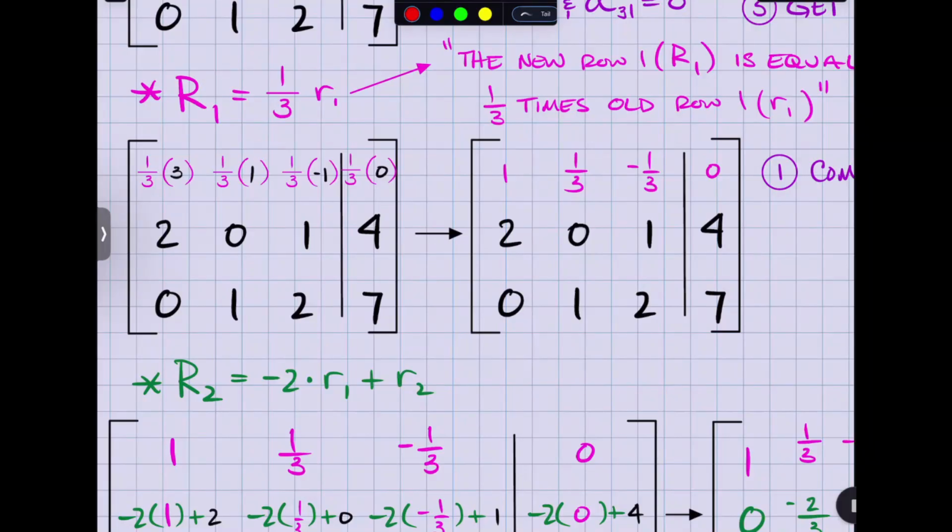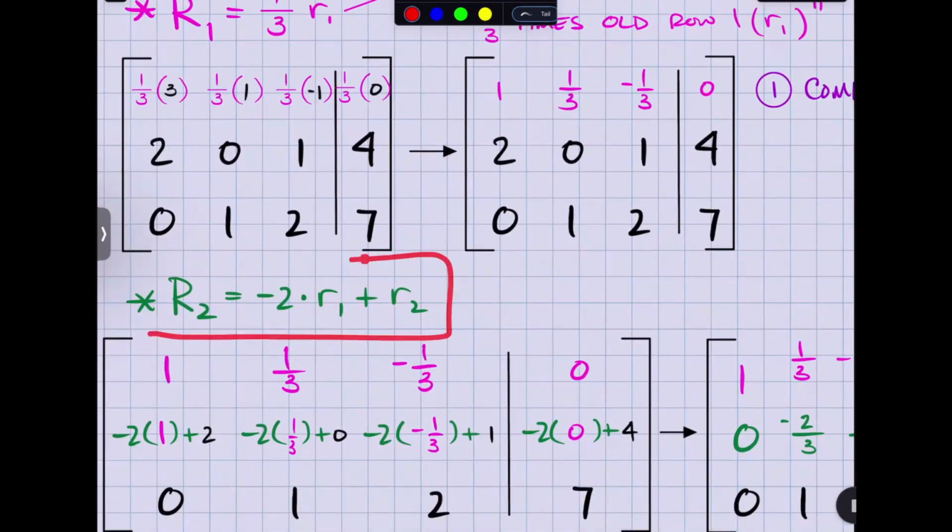So I have to write these formulas down. So this is now my new matrix, okay? So I got to take that 1, which is in row 1, multiply by negative 2, and add to row 2 to get rid of that 2.